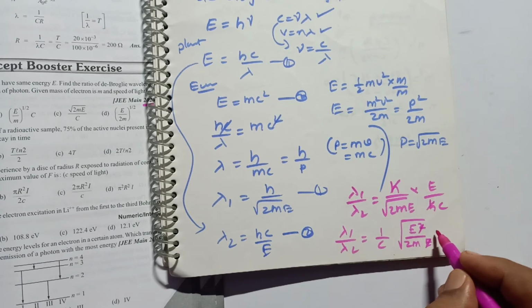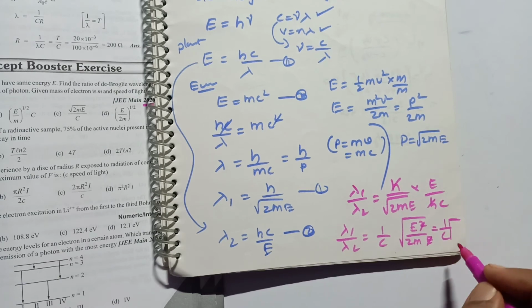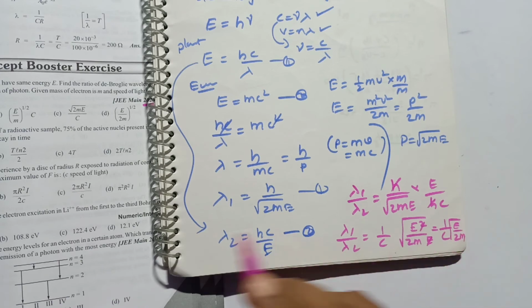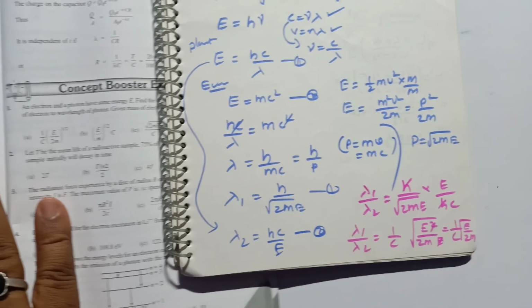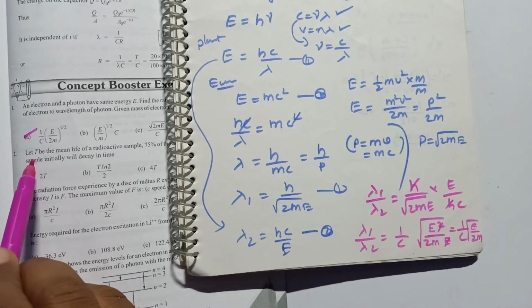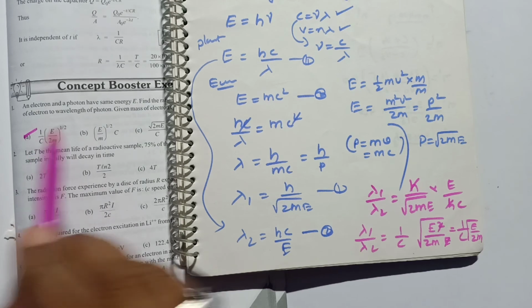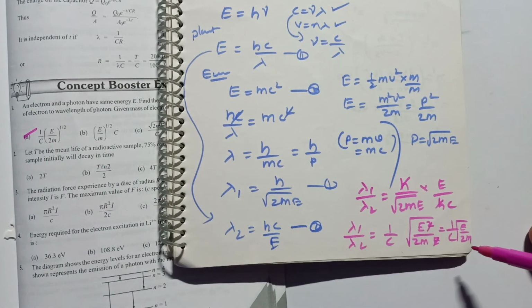E and E get cancelled, and hence the final expression is 1 by c into E by 2m. Therefore, the correct option is the first one, which is 1 by c into E by 2m whole power 1 by 2, which I have written here as root of E by 2m.